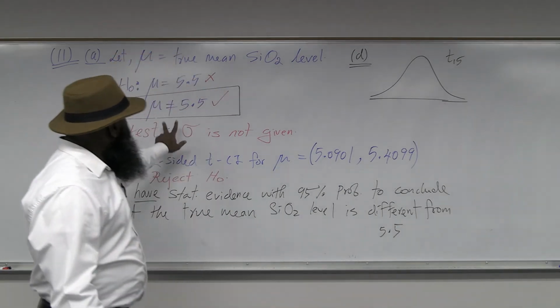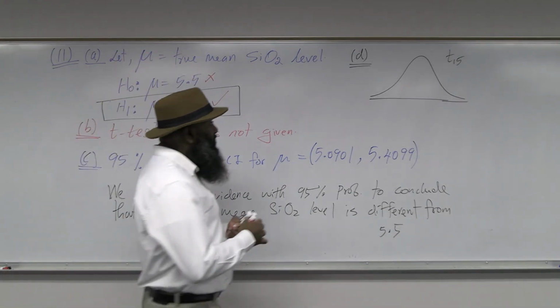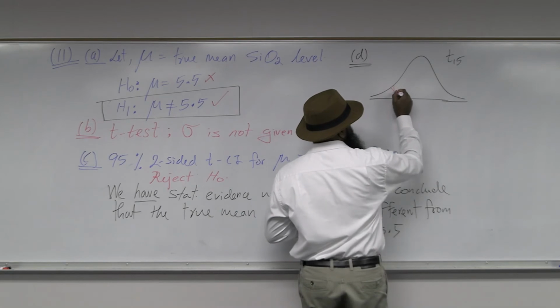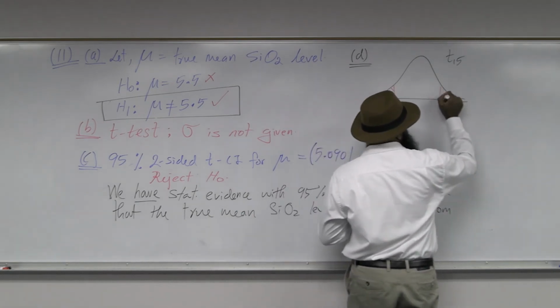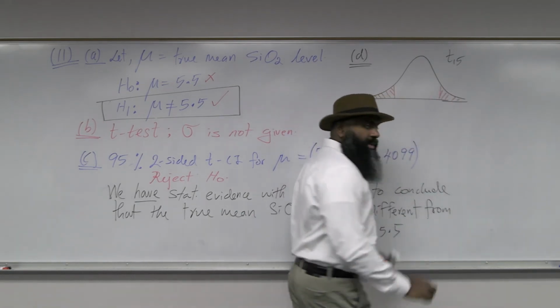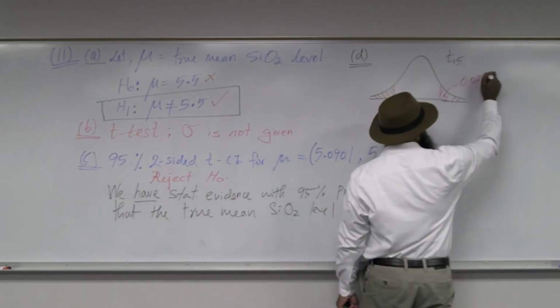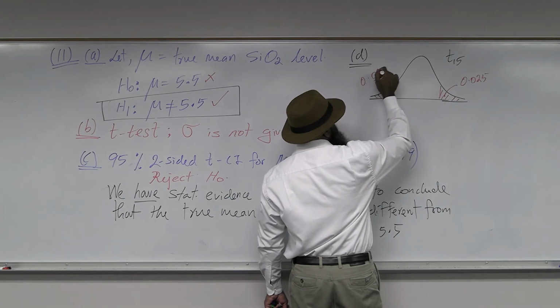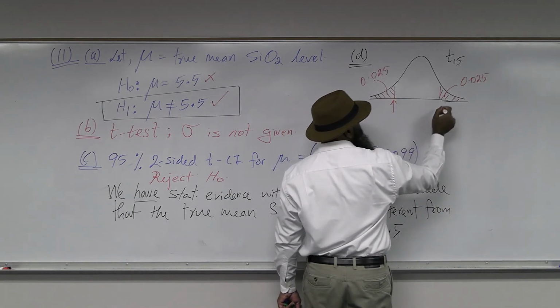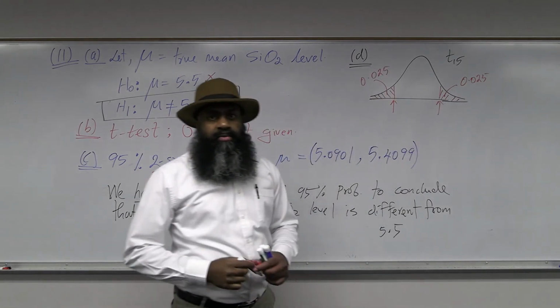And it's a two-sided test. Two-sided test means I have to keep half of alpha on the left tail and the other half of alpha on the right tail. Alpha is 0.05, so half of alpha should be 0.025. And then we need to find these two critical values first.